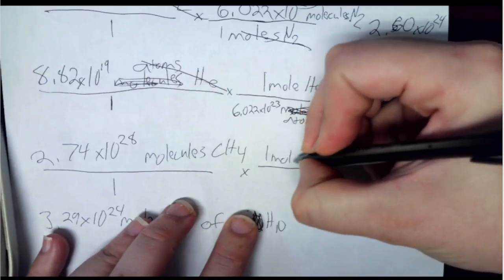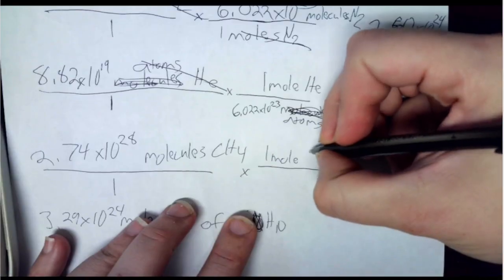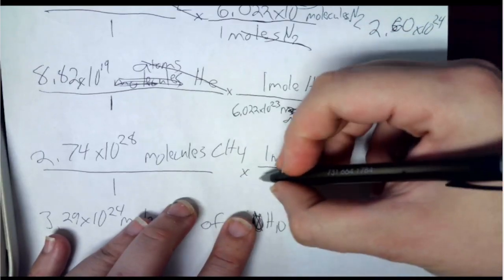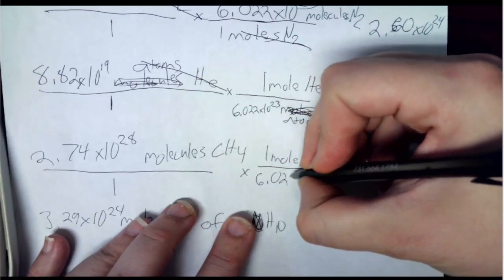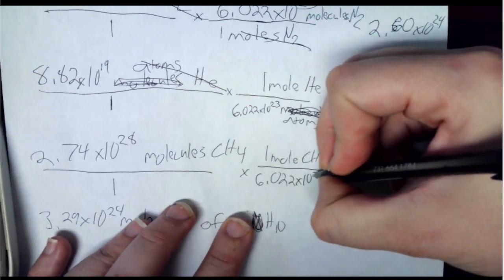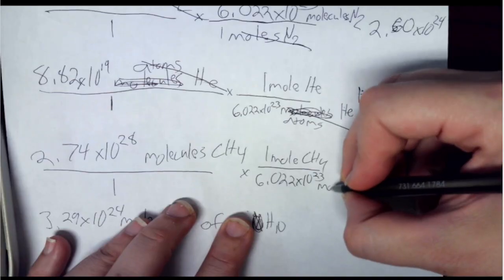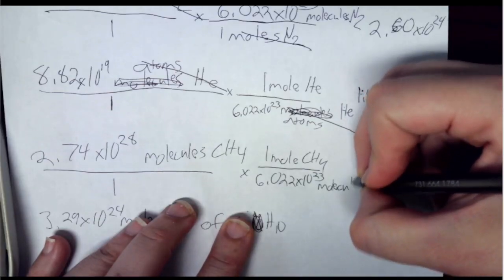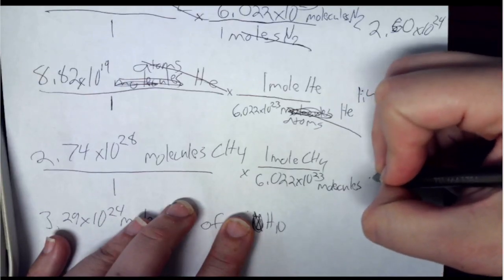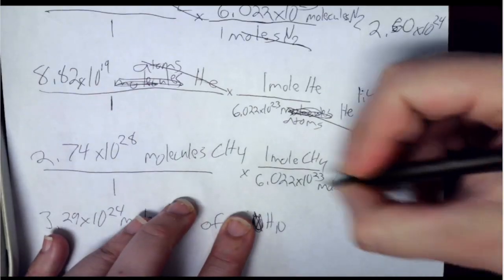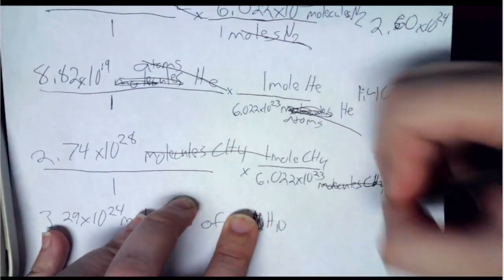I'm dividing by a big number, but it's a slightly smaller big number. 10 to the 28th is bigger than 10 to the 24th. Set that up. Molecules, molecules.